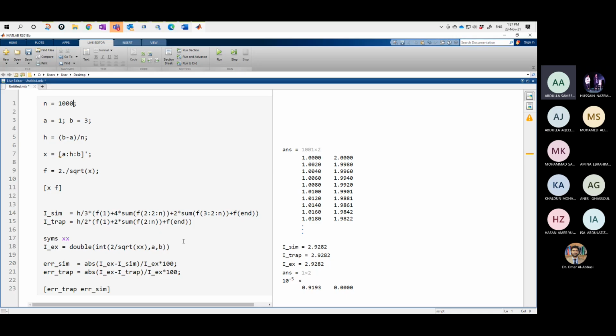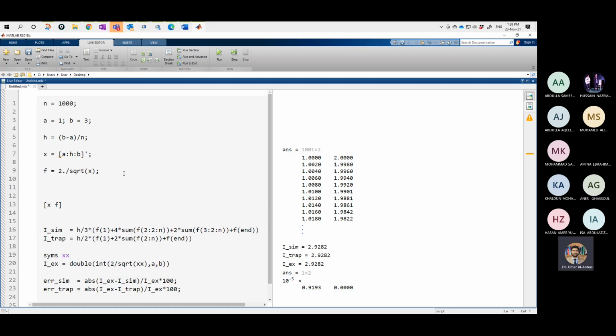Clear, doctor. Now, if f is not a vector, if f is a function, what shall we do? Let me say f2, as we did last time, it's a function of x, and this function is given as 2 divided by the square root of x.